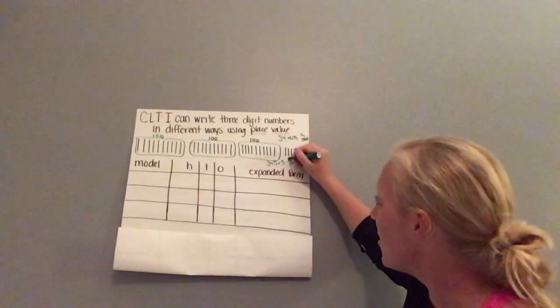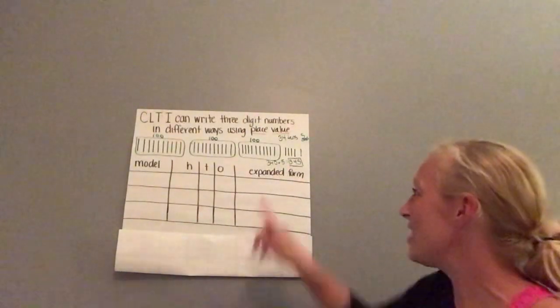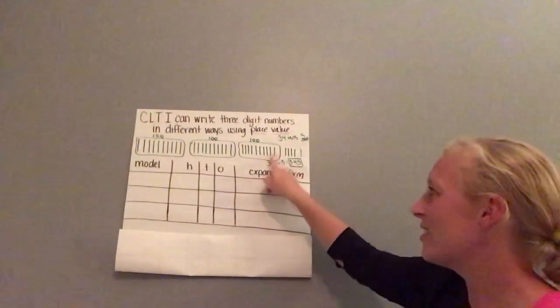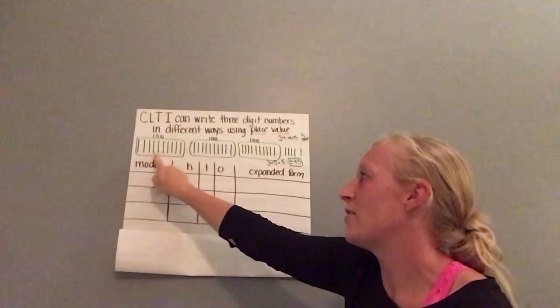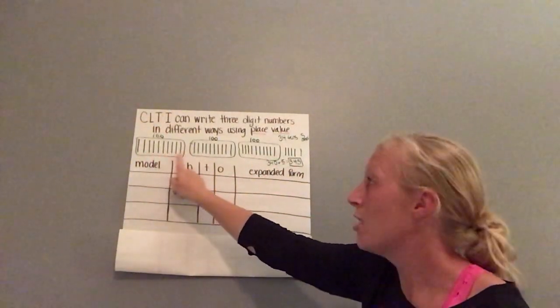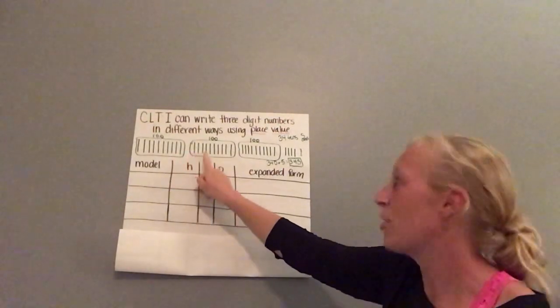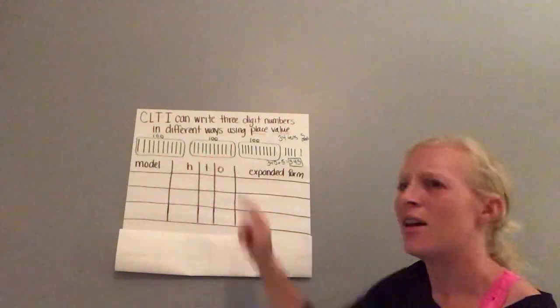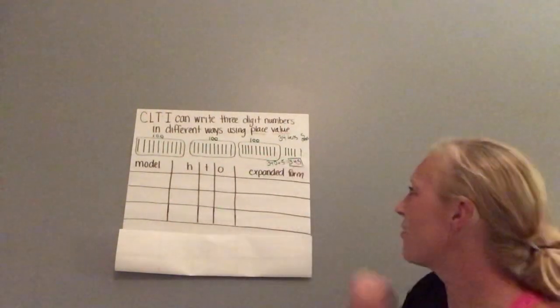So we know this number makes 345. We can see 340 in our tens. 10, 20, 30, 40, 50, 60, 70, 80, 90, 100. 110, 120, 130, 140, 150, 160. We could go on and on, couldn't we? We know those are 300s, 40, and then we have our 5.